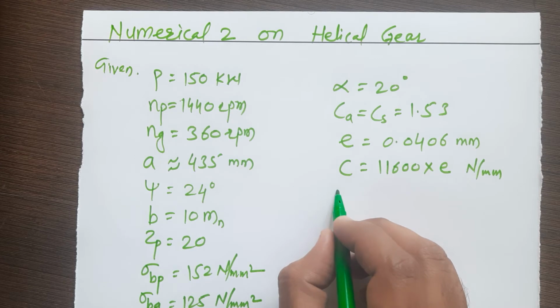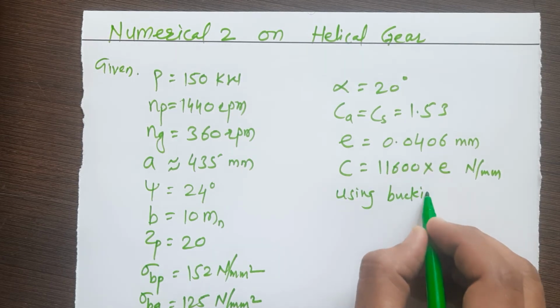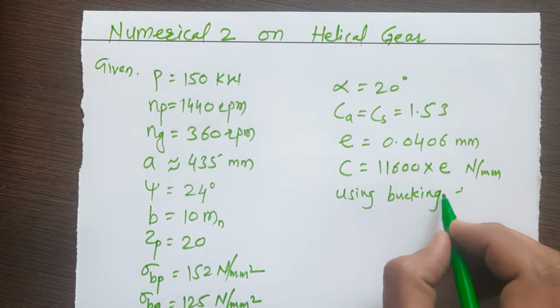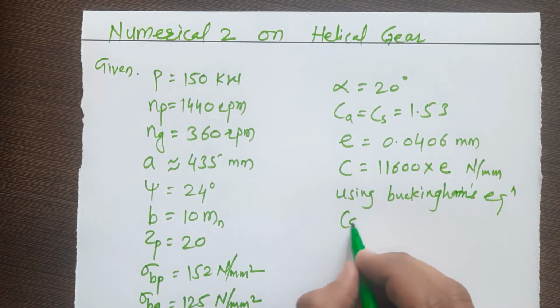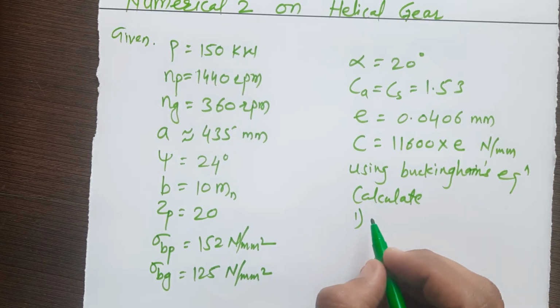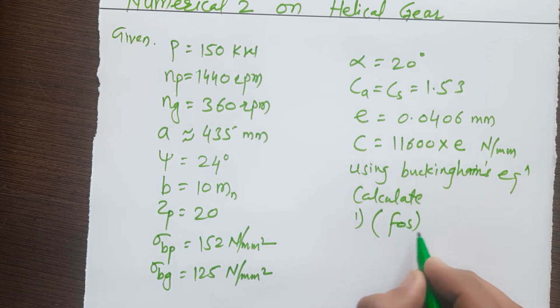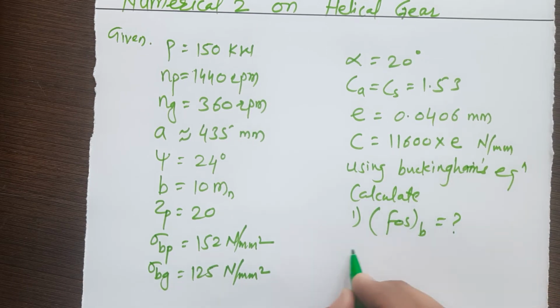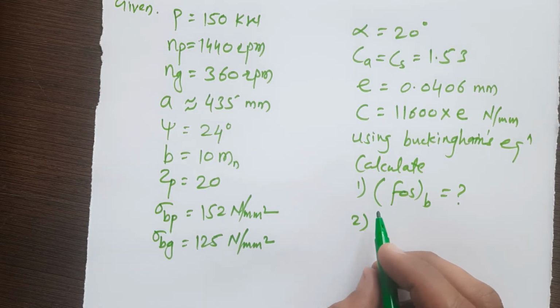Okay, so using Buckingham's equation, calculate number 1, factor of safety against bending failure. Number 2, surface hardness if factor of safety against wear failure is 1.5.